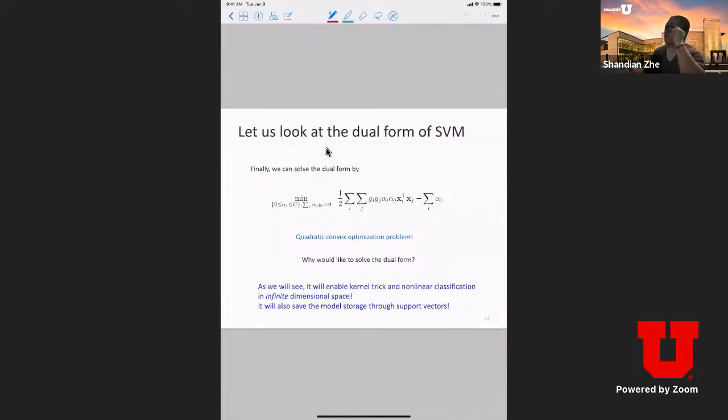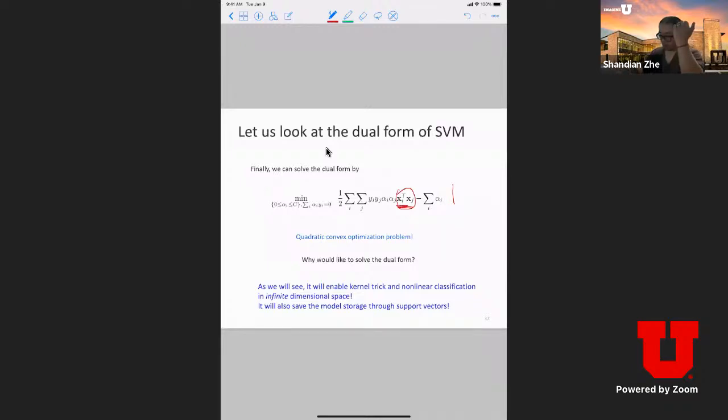Actually, this dual form can reflect many other meanings. The most important thing is that in our dual form, what we care about is the inner product between every pair of training examples. This is really important, especially when we extend our linear classifiers, support vector machines, to nonlinear classifiers.